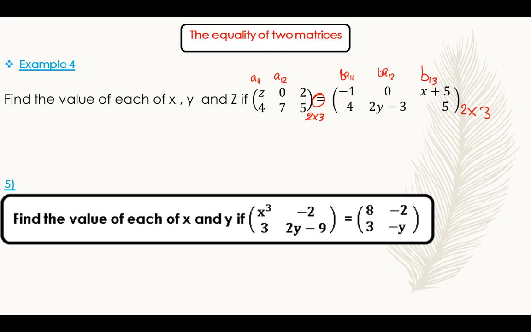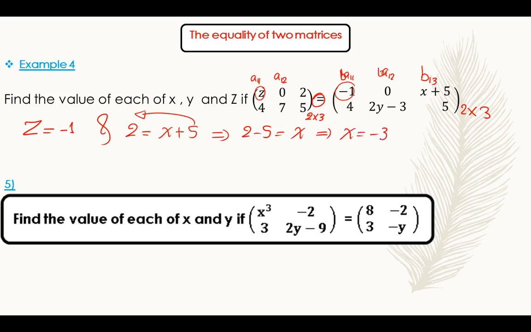Since the two matrices are equal, A11 from the first matrix equals B11 in the second matrix, so Z equals negative 1. Here 0 equals 0, and now we have 2 equals x plus 5. The 5 goes to the other side, so 2 minus 5 equals x, so x equals negative 3.